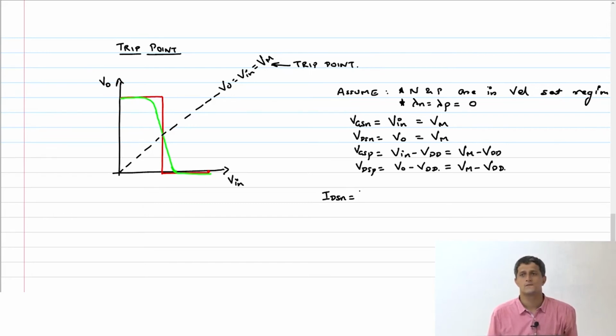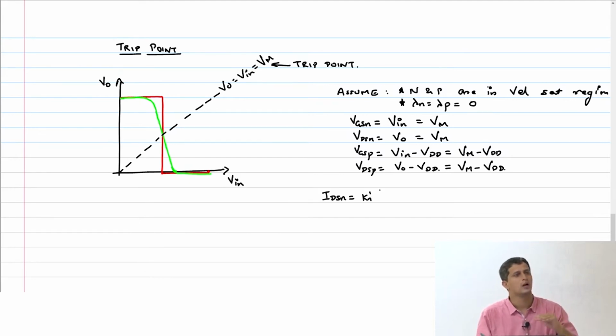Kn prime Wn. Okay, now at this point I am introducing the widths of the NMOS and PMOS transistor. We have not really worried about it till now. The length of both NMOS and PMOS will be the same, L, okay, but the width can be quite different.